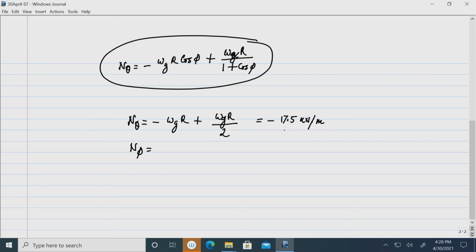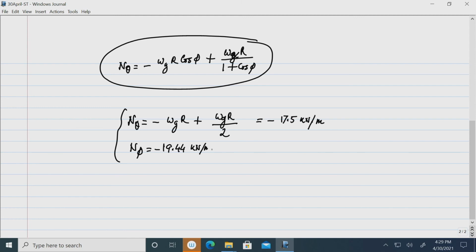So, we have got the maximum values of membrane stresses. N theta is minus 17.5 kilonewton per meter, and n phi is 19.44, minus sign is for compression, kilonewton per meter. Okay. So, with these two values, now we can go for design of the shell. Now, if it is of reinforced concrete, then we can compare the stress developed in the section with the permissible stress in concrete.